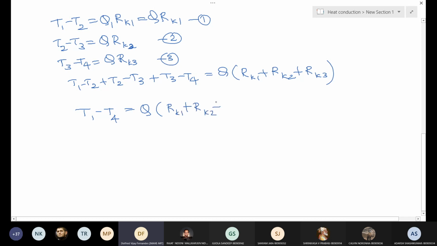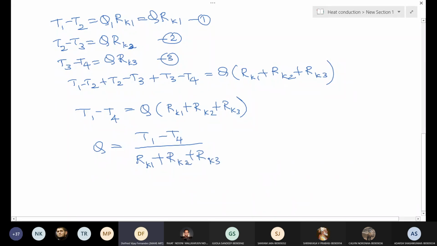So Q is nothing but the temperature drop across all the walls, T1 minus T4, divided by the total resistance of the three walls, RK1 plus RK2 plus RK3.